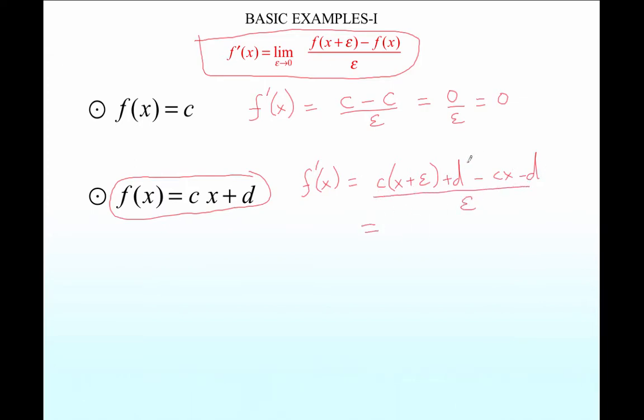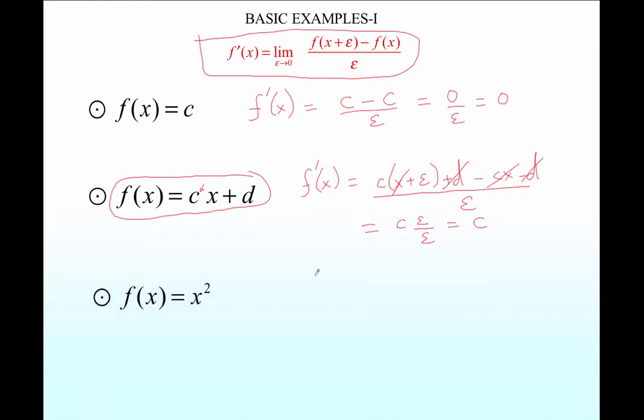So the d's cancel, cx cancels, and this is just c into epsilon over epsilon, which is c. What we've learned is that the derivative of a linear function, that is to say one that has only one power of x, is a constant, and that constant is the thing that is multiplying x. So the answer is c.